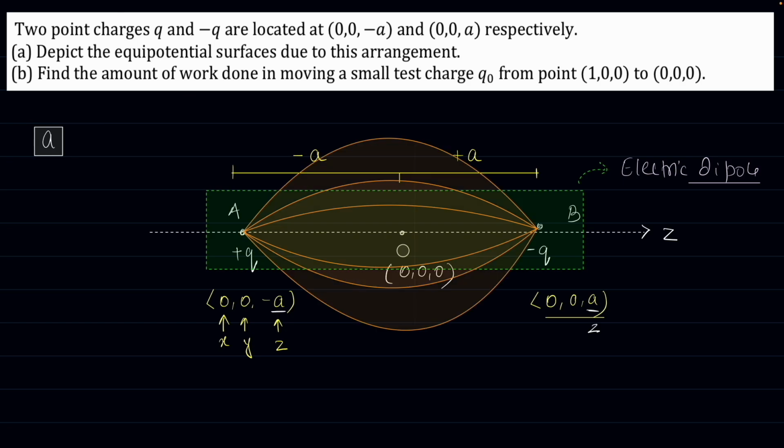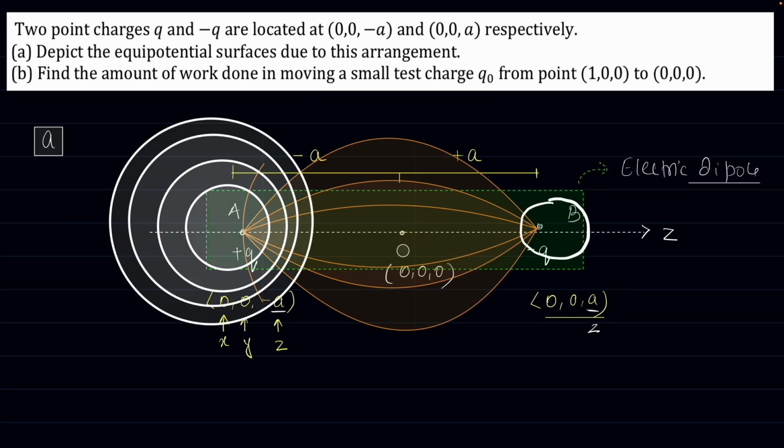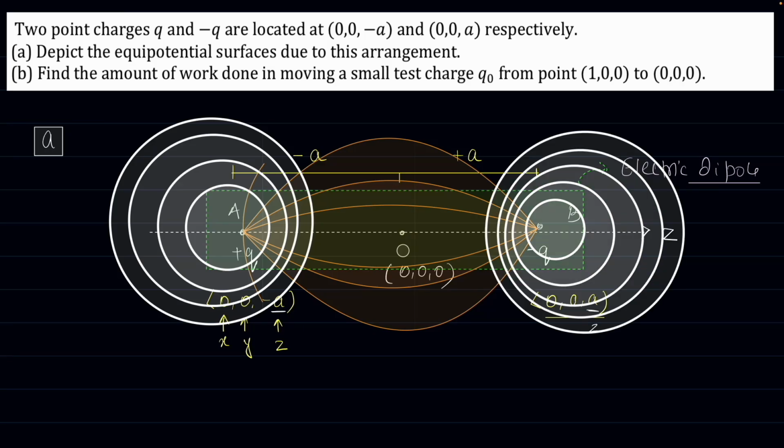Now based on that, if we have to make the equipotential surfaces, we will notice that the equipotential surface is more inclined between the positive and negative, something like this. Similarly on charge minus Q, it will form something like this.